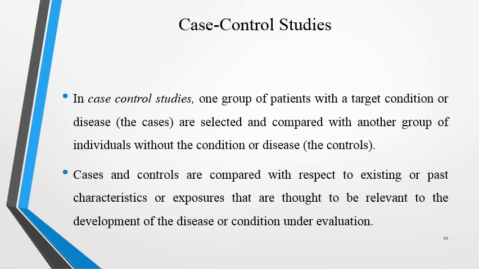Then we evaluate the current and past habits or characteristics of the patients, and we observe which substances they were exposed to in the past, and then we reach conclusions that these might be the factors involved in this disease or pathologic condition.